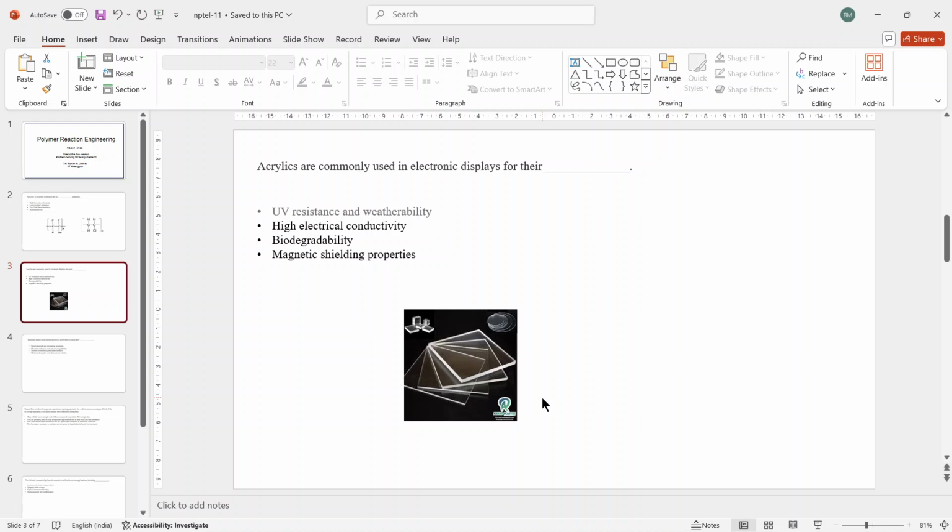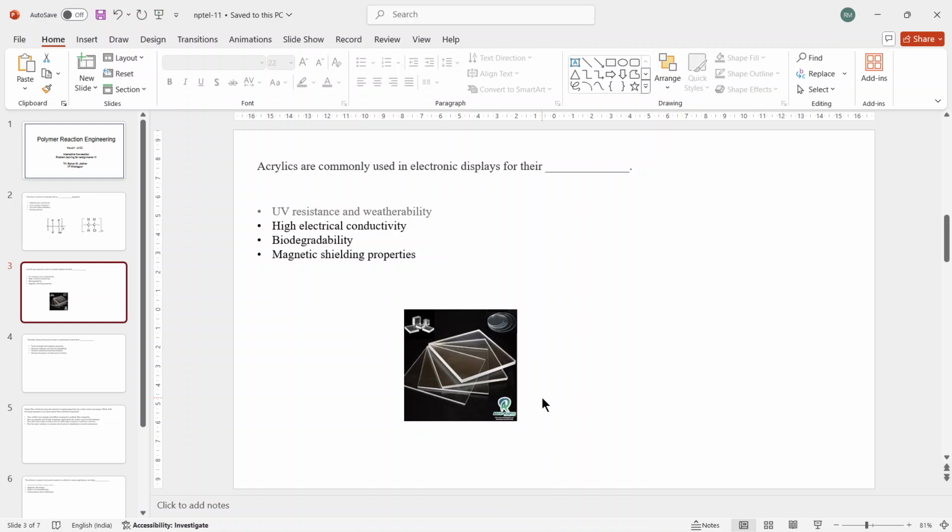The UV resistance and weatherability characteristics of acrylics are pretty good. Why? Because UV rays come in at very low wavelengths, and the acrylic glasses are able to dissipate them quite easily and refract the rest of the rays through them. That is the exact reason why UV resistance is quite high.